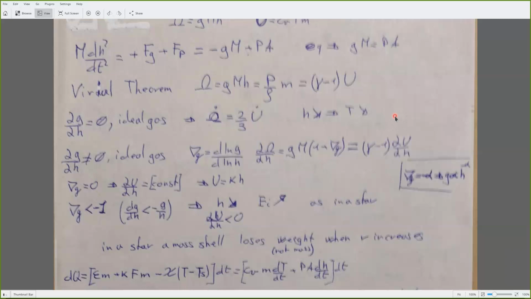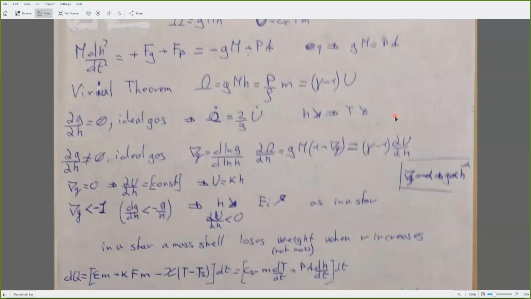Usually we always think that we compress a gas, so the volume decreases and the temperature increases. Yes, but we are doing work on the gas. Here, there is nothing outside the model that is doing work. In the stars, there is no one compressing the stars.